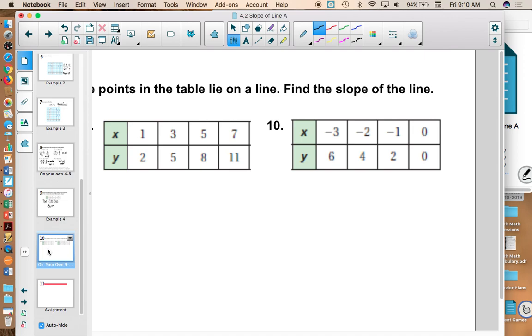There. Gracie, got it? This one is not right. This one is.